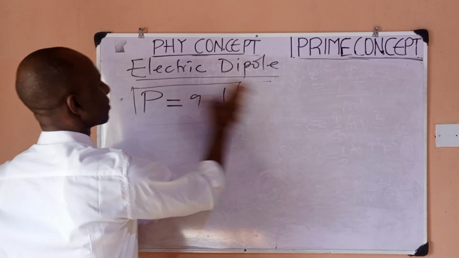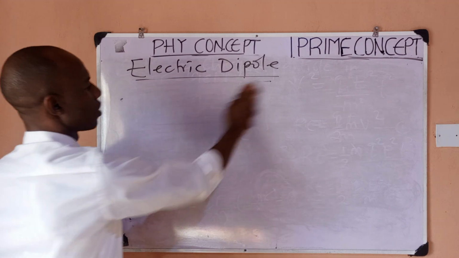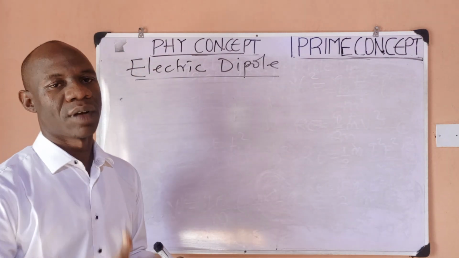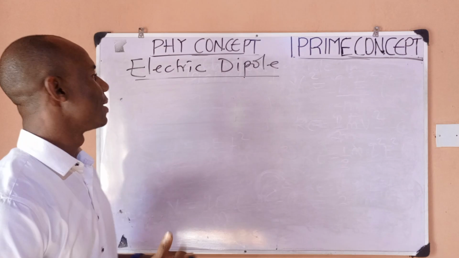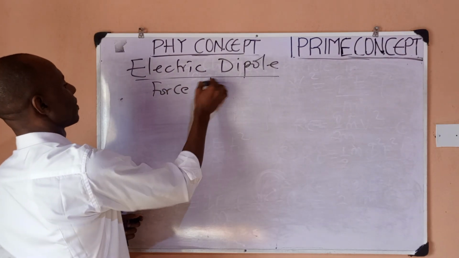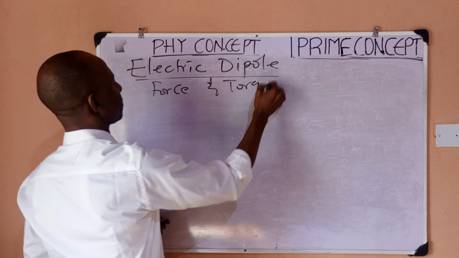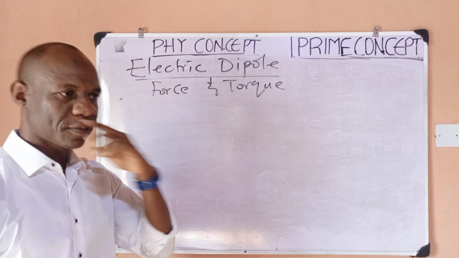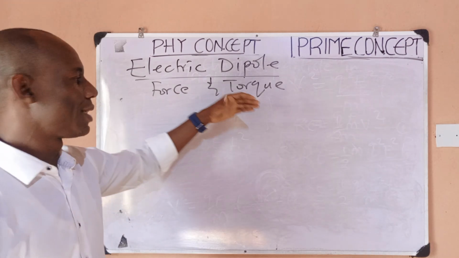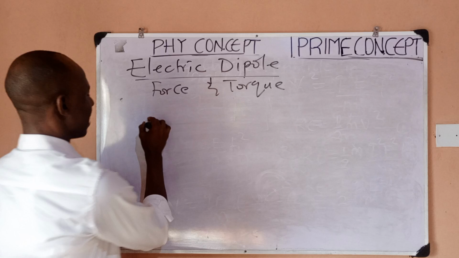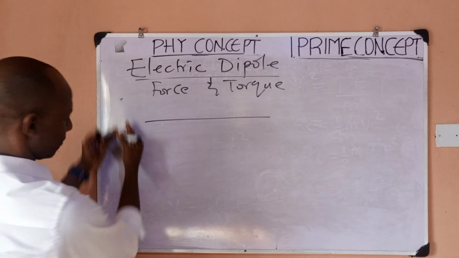Very simple. The next thing we want to consider here is the force and torque experienced by an electric dipole. Now, if I place a dipole in an electric field like this, so I have an electric field originating from this side.